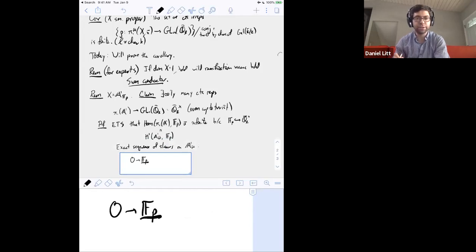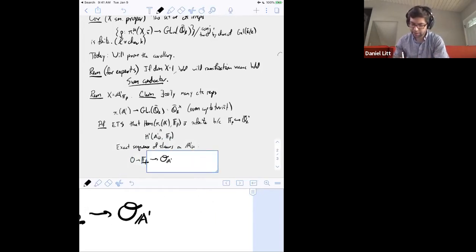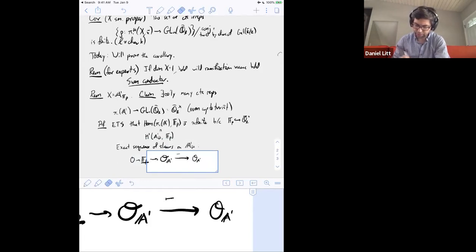That's the thing we're interested in. That maps to O_{A^1}, because if you have a constant function, you can get a function out of it. And then I claim it's the kernel of the following map from O_{A^1} to itself: a function on A^1 is just a polynomial f, and we're going to take the map that sends f to f^p minus f.